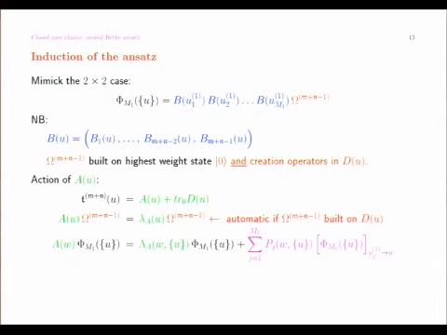So you have the part which looks like an eigenvector, and the unwanted terms, which have exactly the same form as in the 2x2 case.